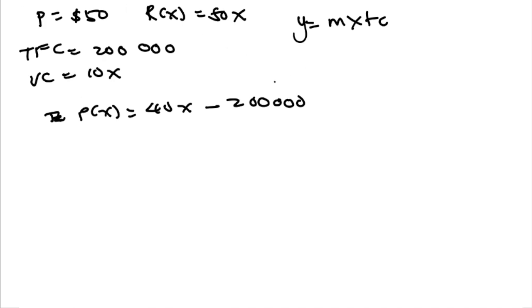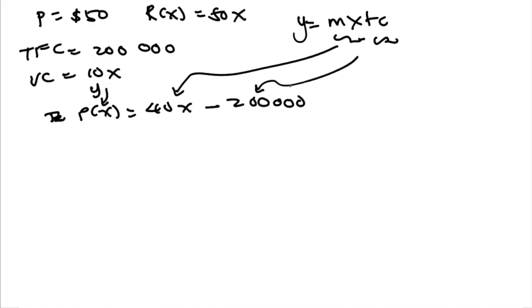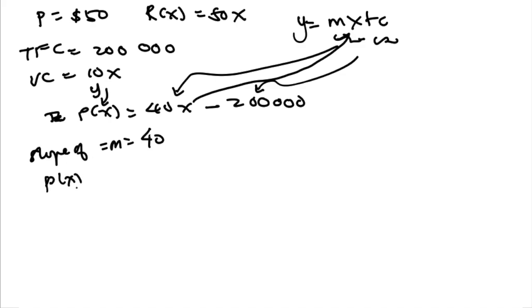Let's look at the profit function first. Y in this case depends on x, isn't it? So in the profit function, y is the profit, mx is this, and c is minus 200,000. If x is here, what is m? M is 40, the slope of the profit function.